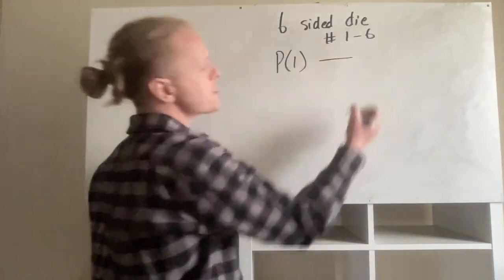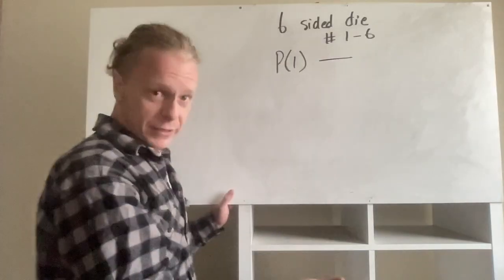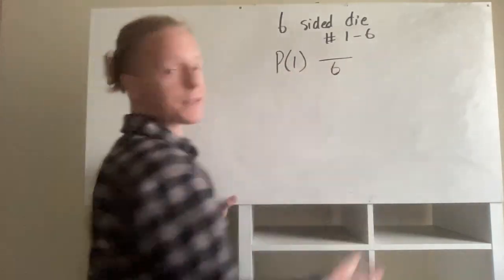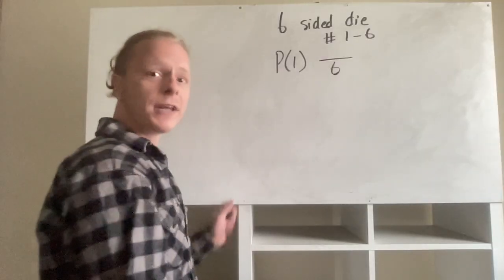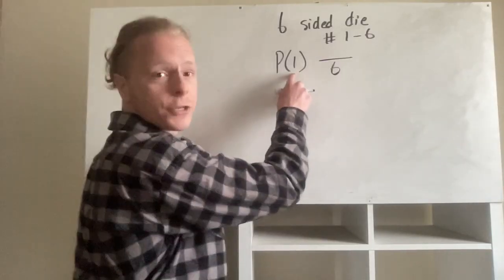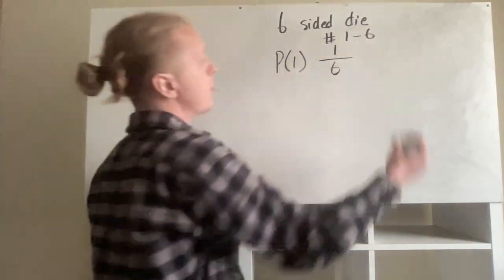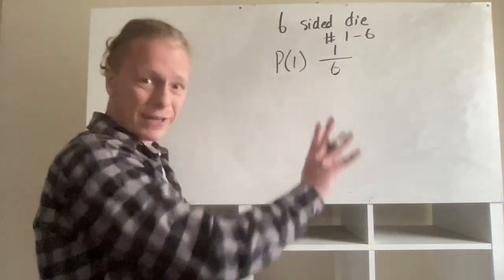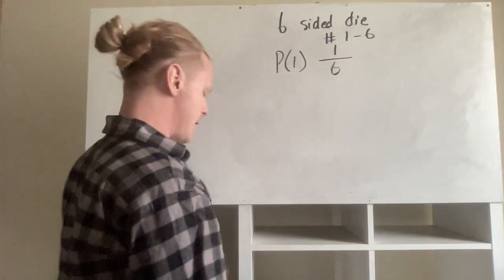Well, what's the total number of possibilities? There are 6 sides, so 6 is my total number of possibilities. And of those 6 possibilities, how many am I looking for? Just 1. So the probability would be 1/6. In this case, it's probably easiest just to leave it as a fraction.